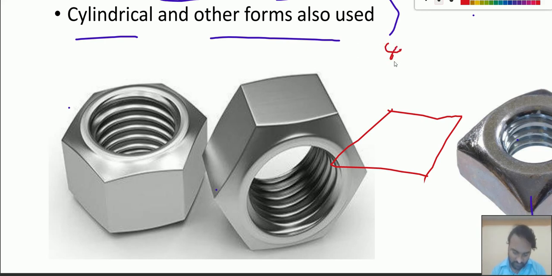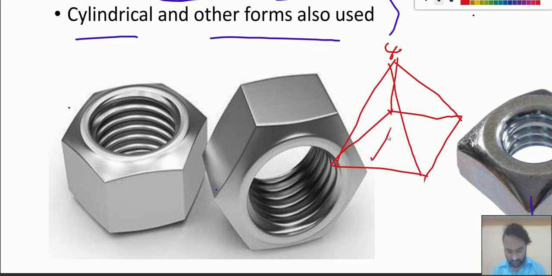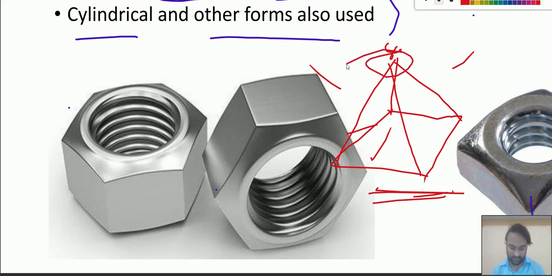We will join the apex with all the corners of the end face. Okay. So we will get the side faces, and this one is the bottom or end face and one apex here. In the same way we can get the pentagonal pyramid and hexagonal pyramid.